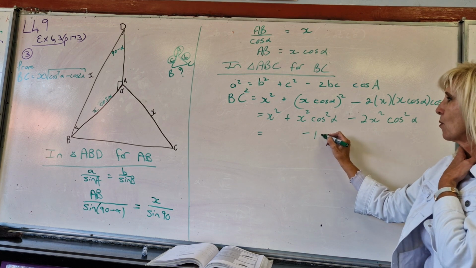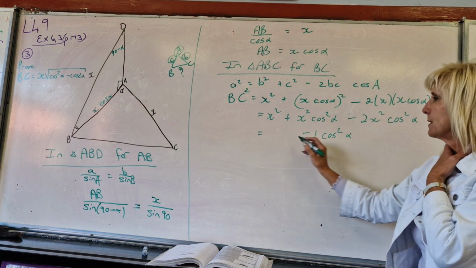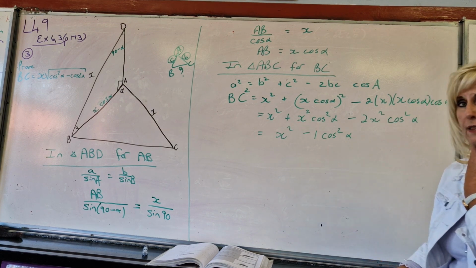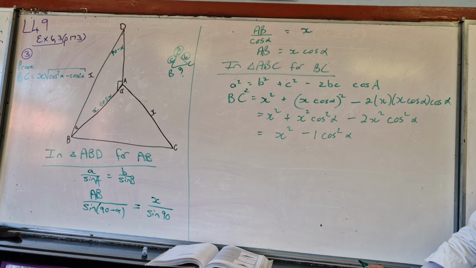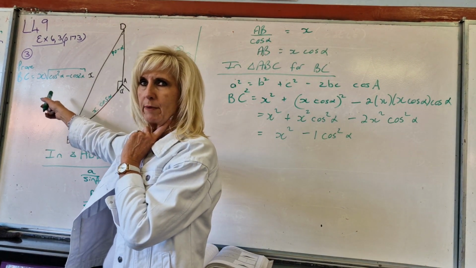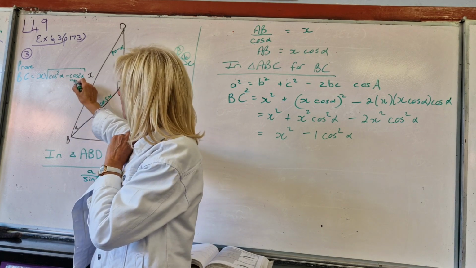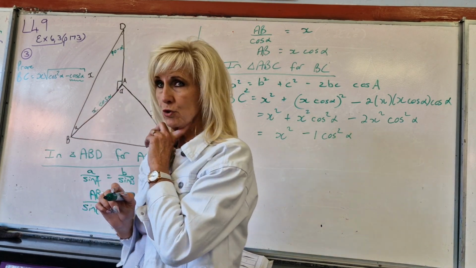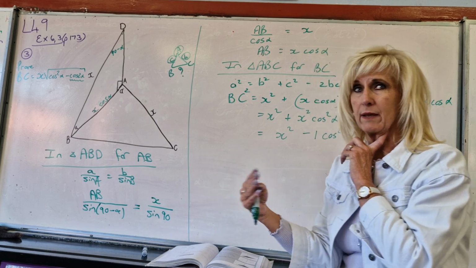Now I already did this sum with another class, and they did something that I liked, because they were searching for the answer that they've been given. Remember, that's a quick note: I know where I'm aiming. And I know that I'm aiming for cos 2 alpha, meaning I need a double angle.